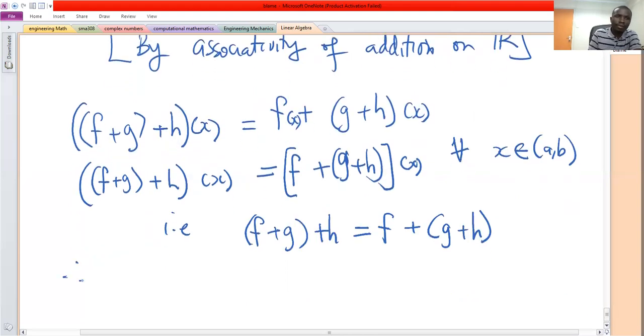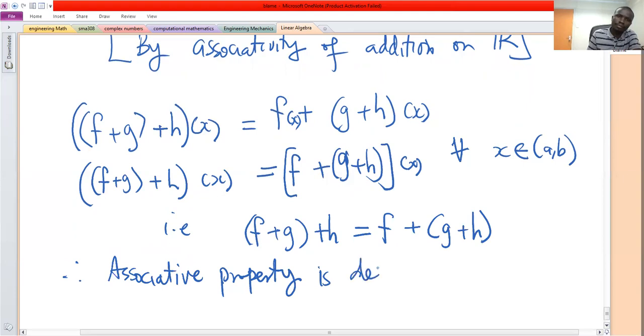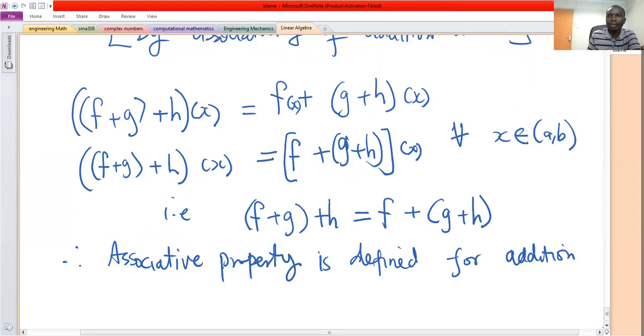So therefore, the associative property holds for addition.